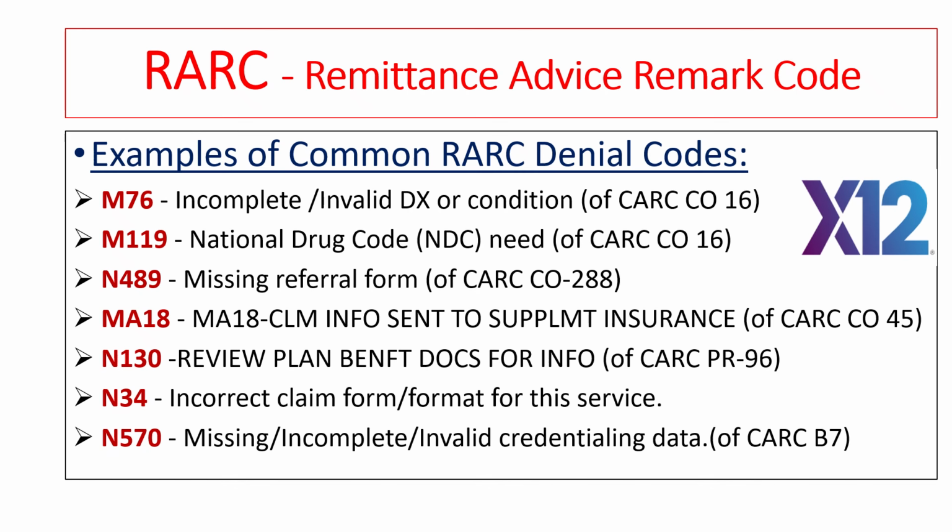Here N570 is missing, incomplete or invalid credentialing data, meaning the data required for credentialing is invalid. So we can conclude that a remark code gives the exact potential cause of the claim. The additional or supplementary information of a denial code is explained by a remark code.